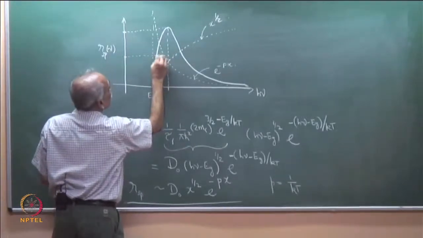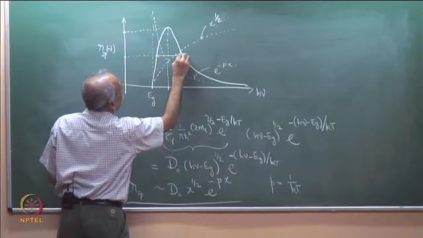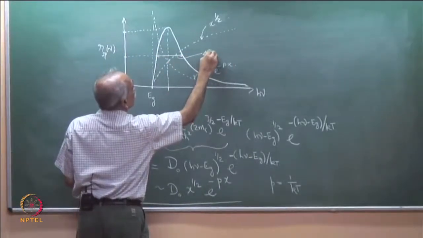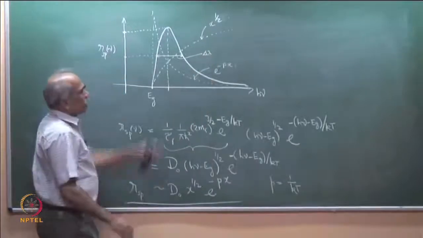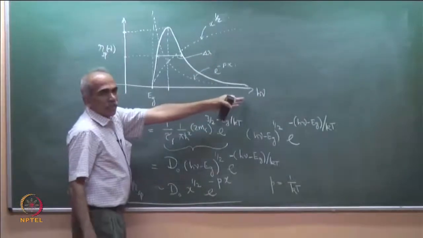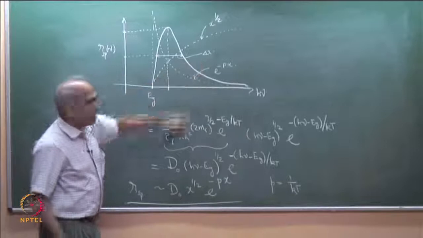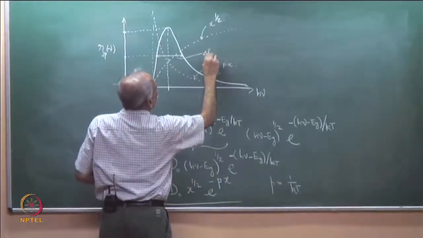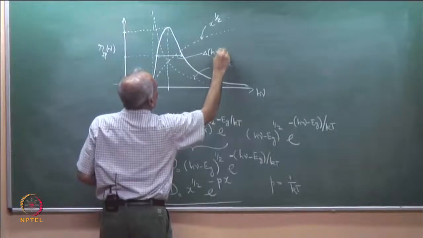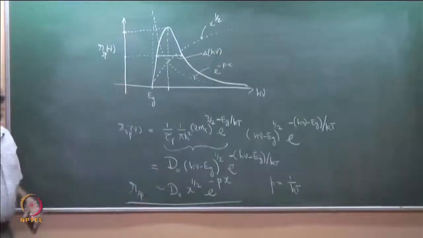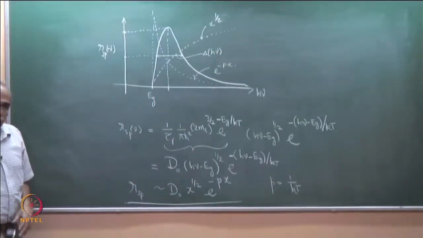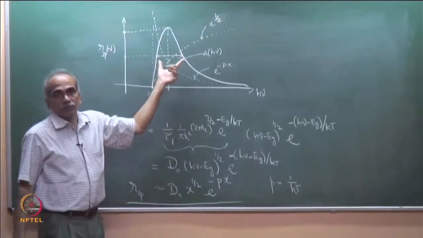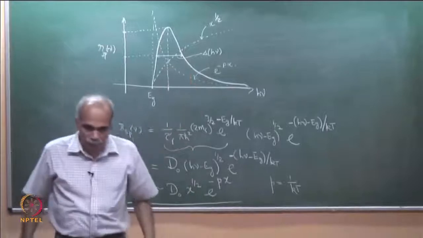So, this is delta lambda, it is delta h nu here in this case, but you can find out the corresponding one. The full width at half maximum gives you the line width of this source.